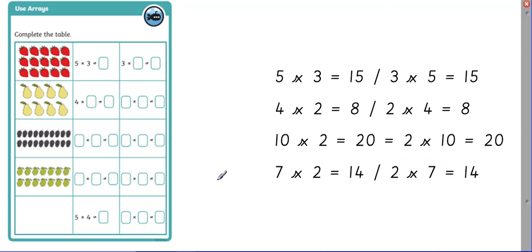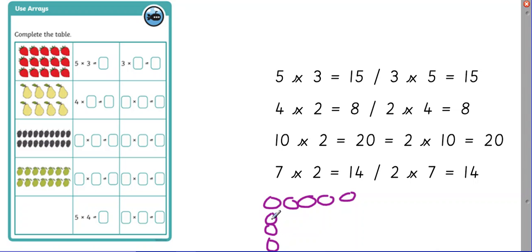Now the last one then, you've got 5 groups, 1, 2, 3, 4, 5, with 4 in each group. So under each group, I'm going to draw 4: 1, 2, 3, 4.